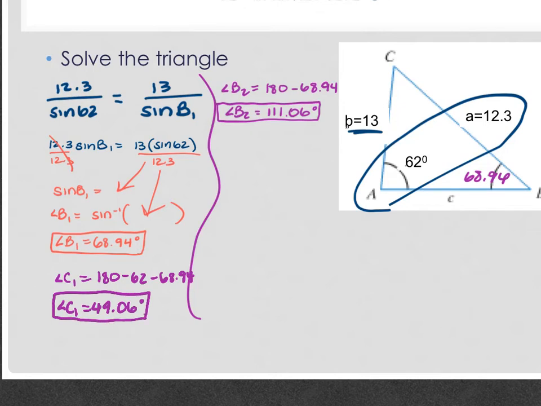And then the last thing I need to find is side C1. So I always go back to the original ratio, 12.3 over the sine of 62 is going to equal side C1 over the sine of 49.06.